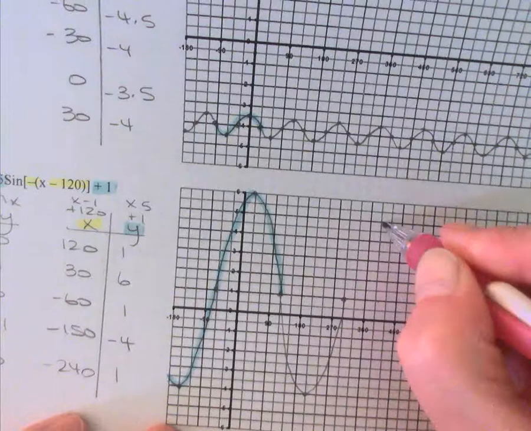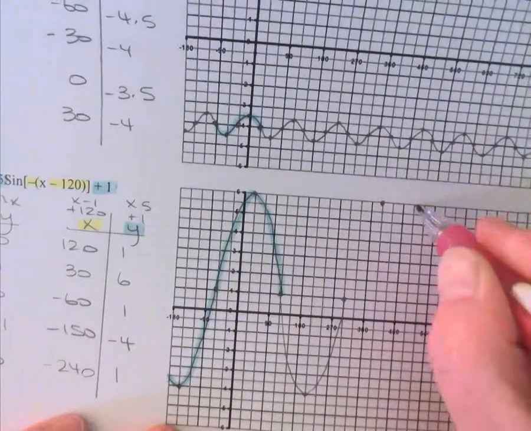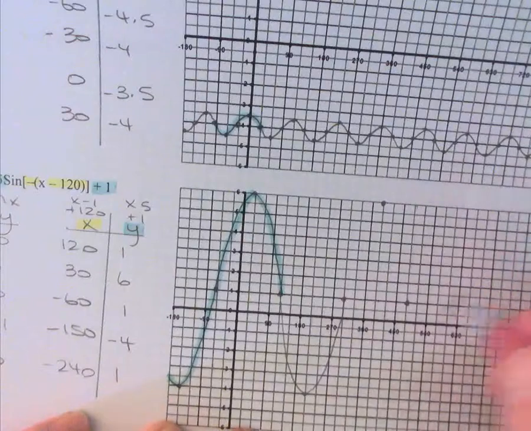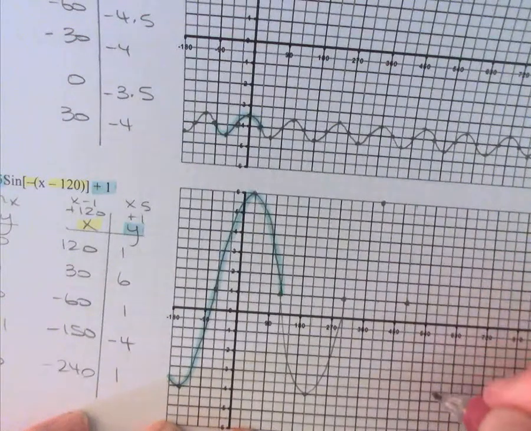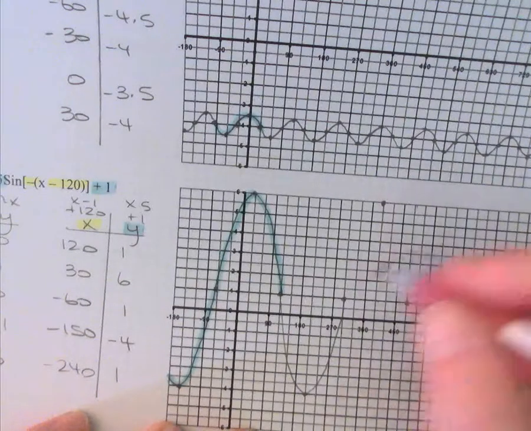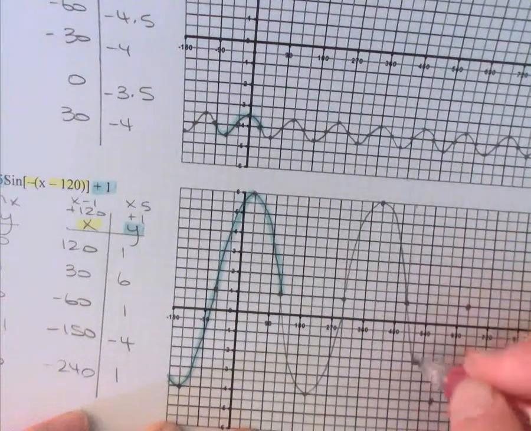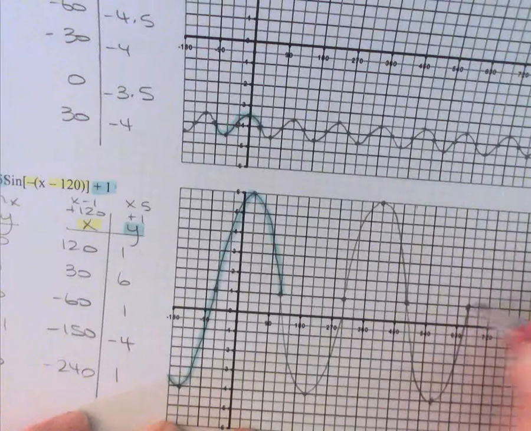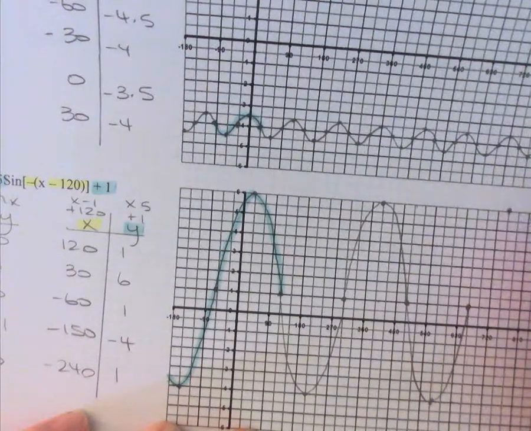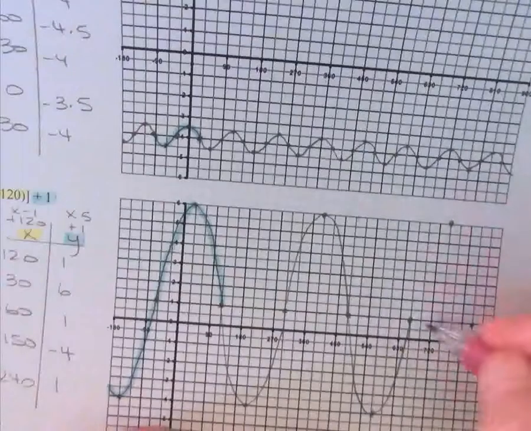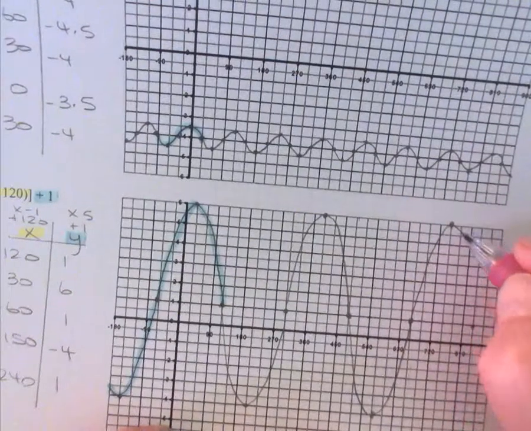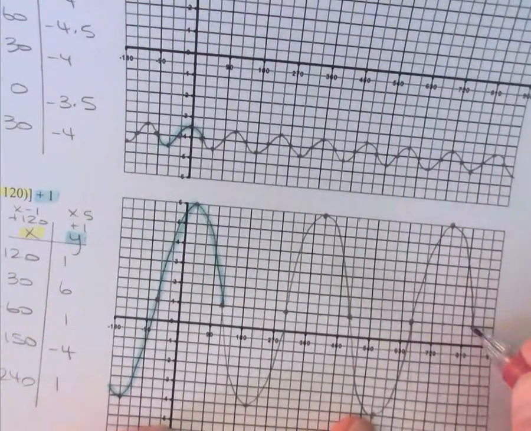I'm up here. Back up. 1, 2, 3. And then I don't have enough, but I know where it's going. And I know it's going to head down.